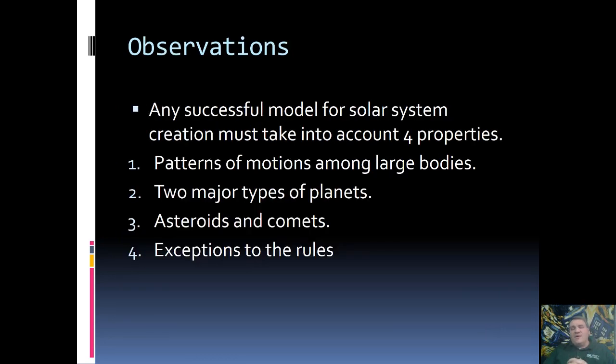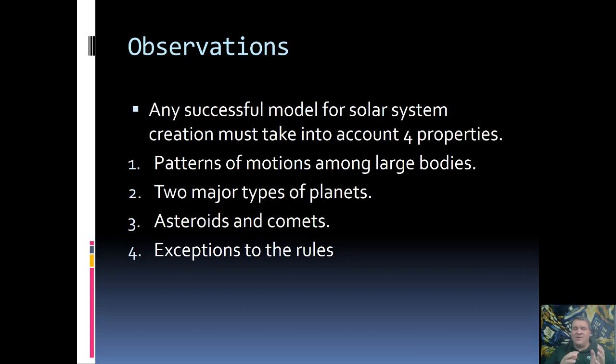Any good model that's going to tell us about the formation of the solar system has to account for four properties. First, we have to worry about the patterns of motions of the large bodies. So in other words, why is it that the planets are moving the way they do, and also moons around those planets? Second, we have to worry about why we have two types of planets.